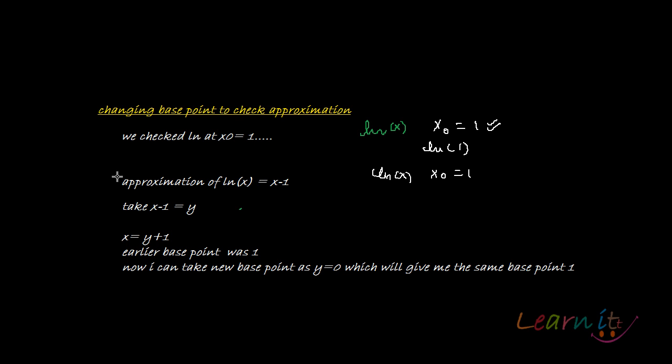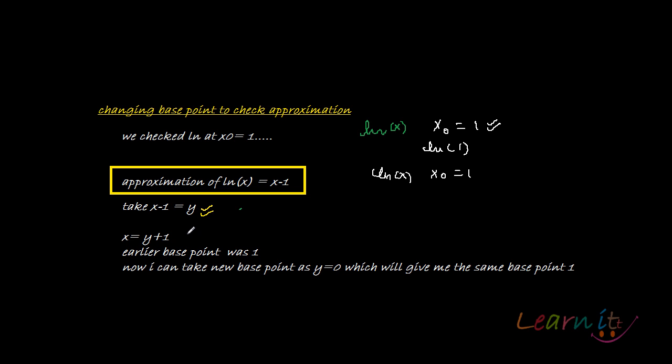Which was log x equals x minus 1 around 0. Now, taking this x minus 1 as some variable or number called y, that means x becomes y plus 1.